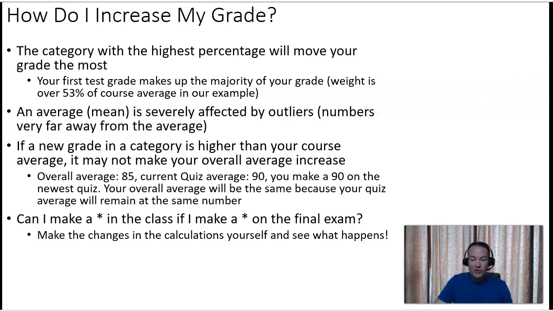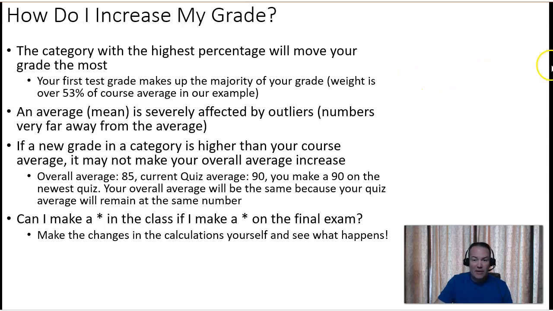So if you remember, there were 2 test grades when we did that first calculation. The average of just those 2 grades is what made up over half of that overall grade. So if you can do significantly better on those, that's going to have the best chance of doing it.